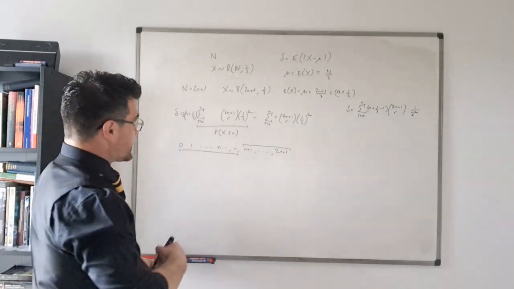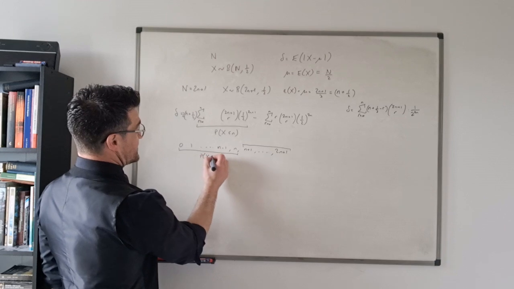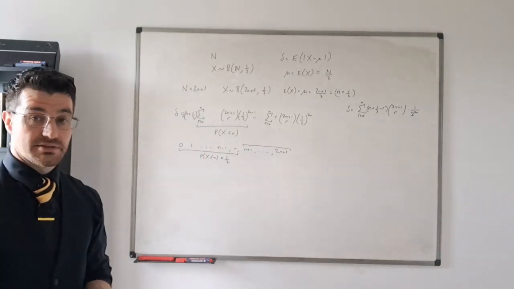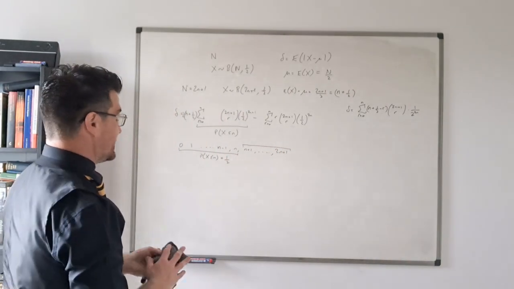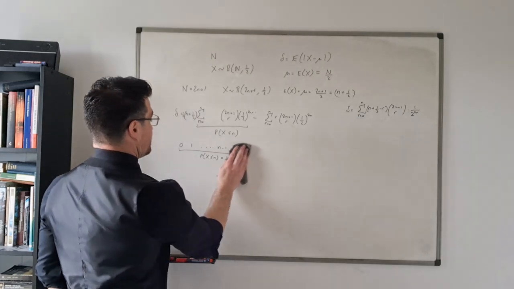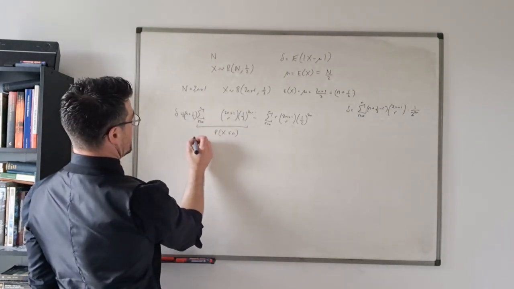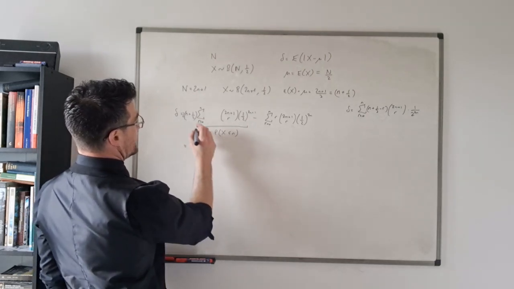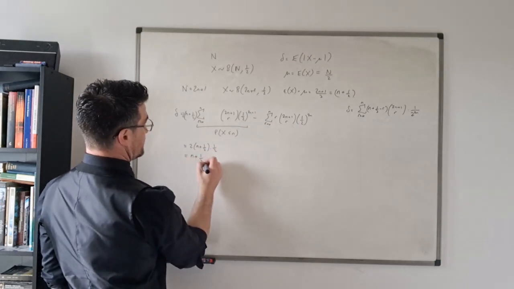But because of the symmetry, the probability of this, which is the probability that X is less than or equal to n, must be equal to a half. And this must also be equal to a half, but that's beside the point. So therefore, this is just equal to 2n plus a half times a half, which is just equal to n plus a half.